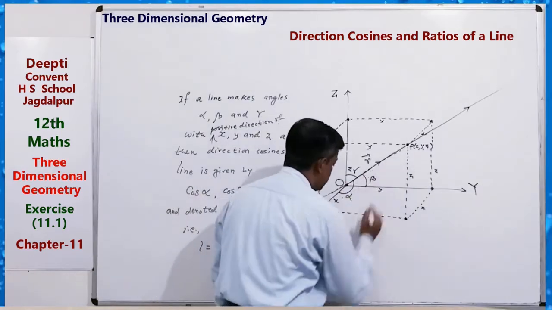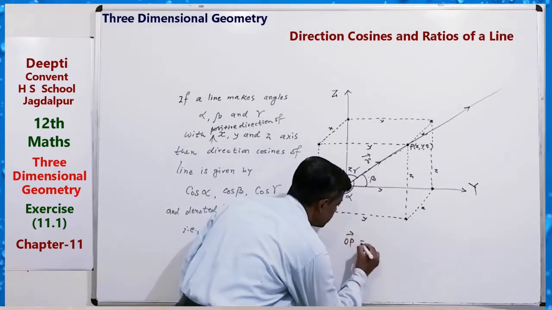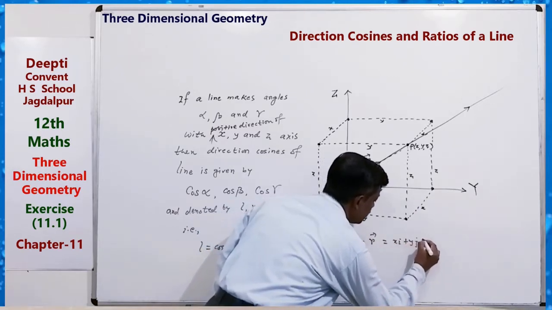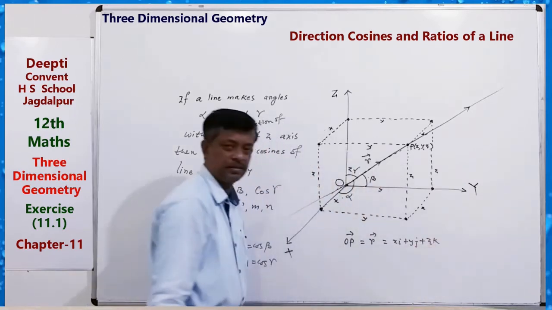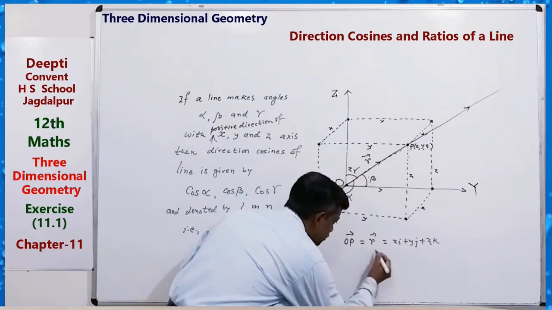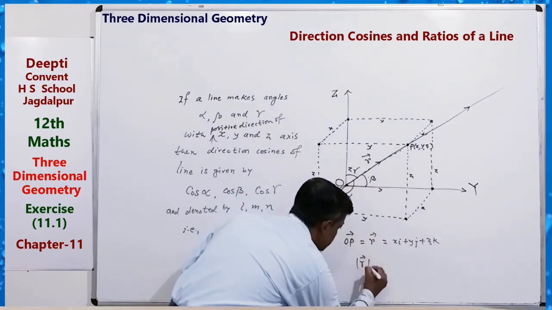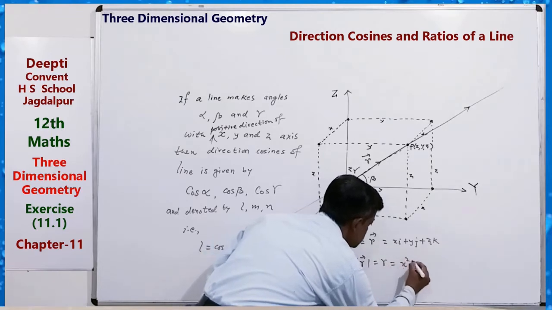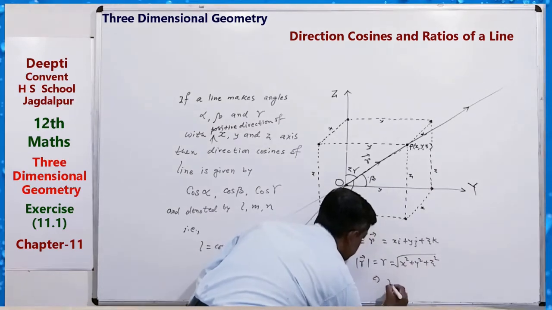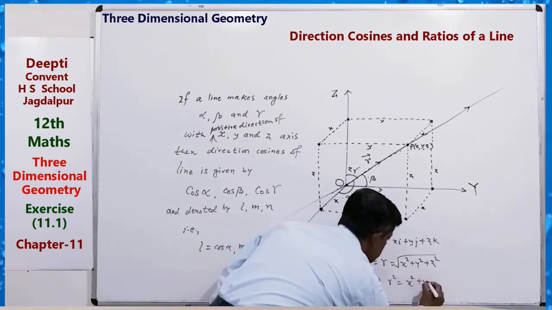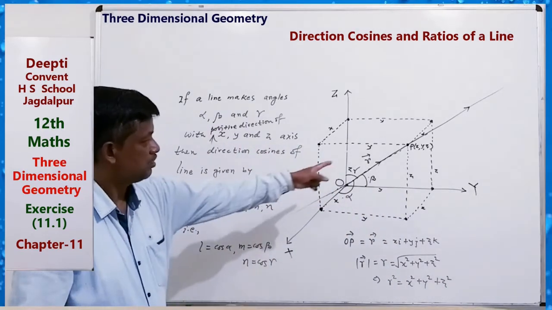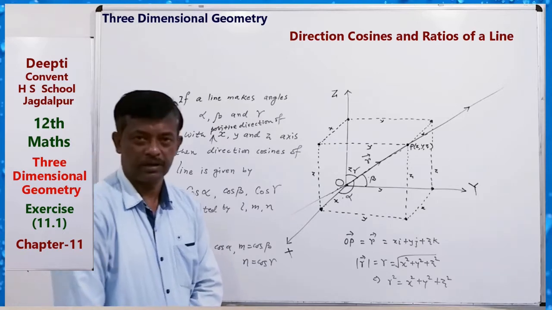Then we can write OP, vector r, equals xi plus yj plus zk. Then the modulus of r equals the square root of x square plus y square plus z square. From here we know that x square plus y square plus z square equals r square.